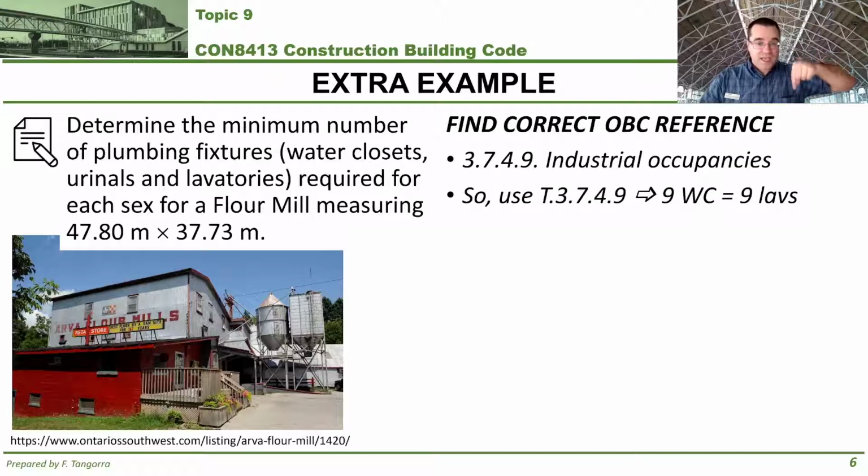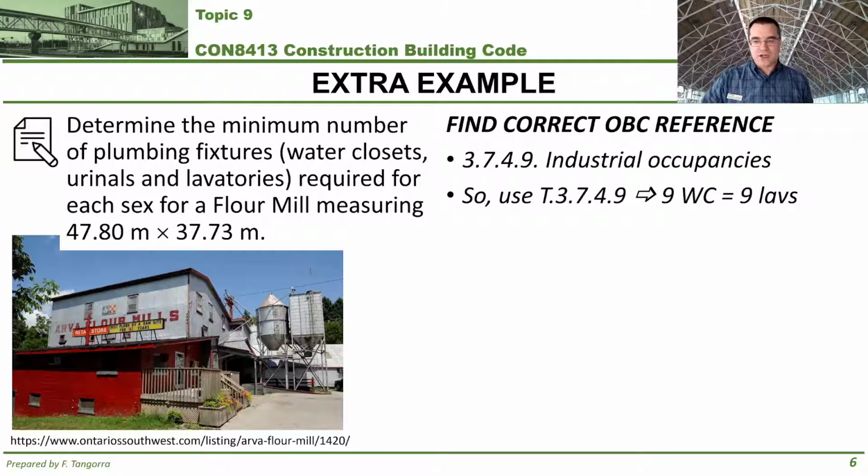So in this case, because you're using this table, you don't have to calculate the number of lavatories the way that I outline in the main lecture. That's why you must always read everything in whatever the proper article or table or reference is in the building code. So look at that. We now know the number of lavatories. We now know the number of water closets.